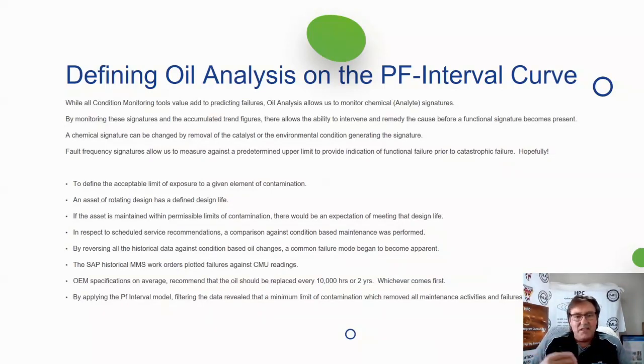We can gather that statistical data from maintenance management systems such as SAP, Maximo, Pronto, etc. We look at CMU readings so that we can time how long we're getting out of an oil drain interval, etc. And then we can base those assumptions around our criteria for the asset integrity or the criticality rating of that asset to the business.